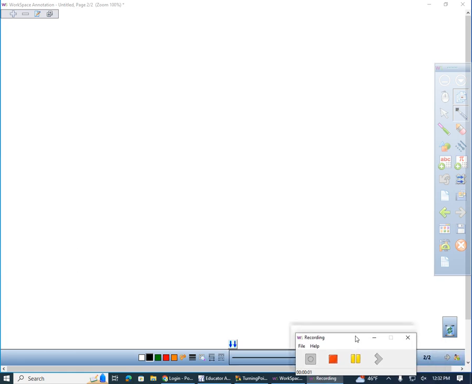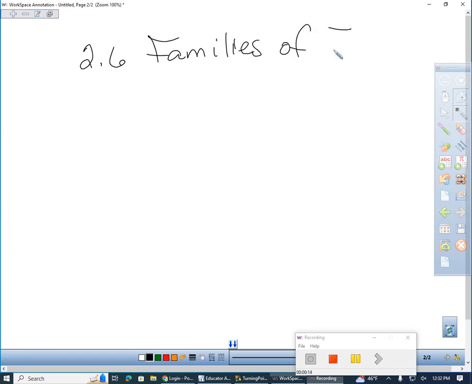Today, 2.6 is families of functions. All families start with a parent function.